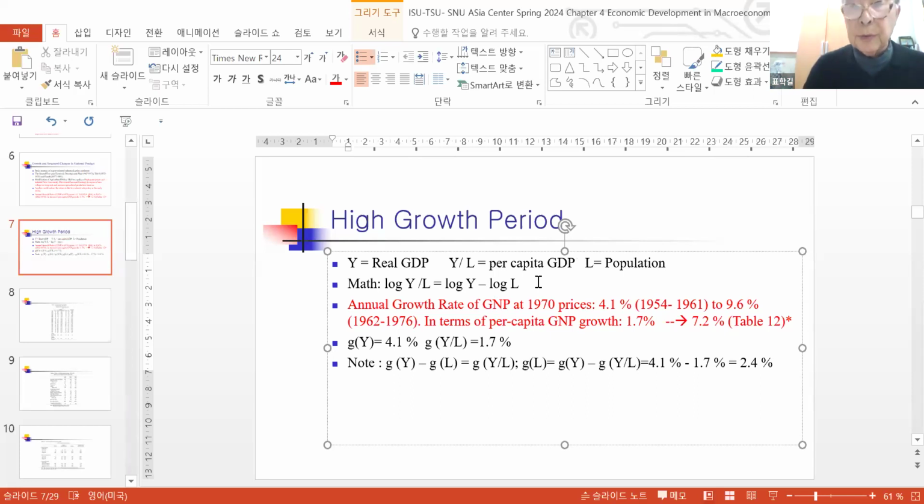This is logarithmic transformation. And any differentiation?